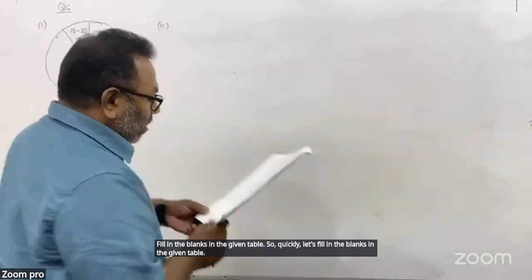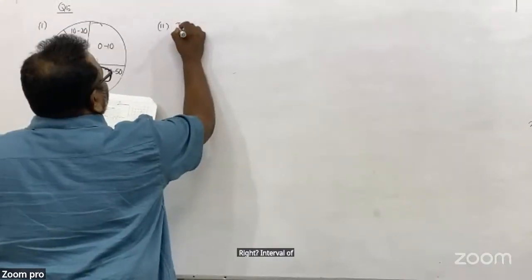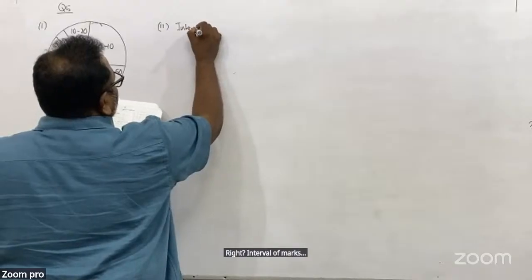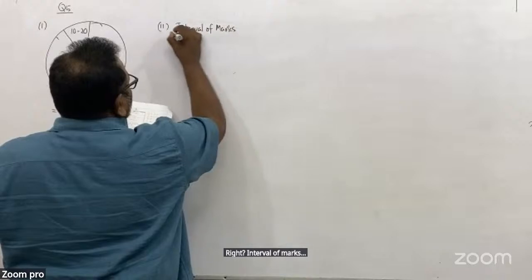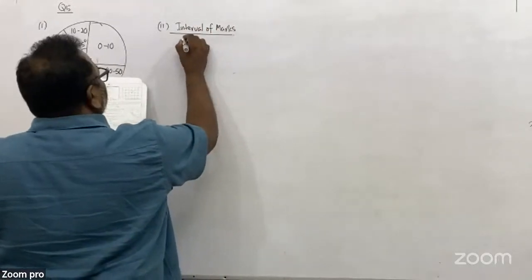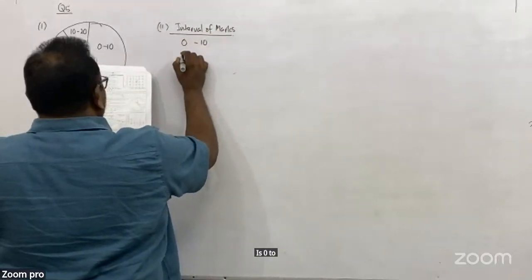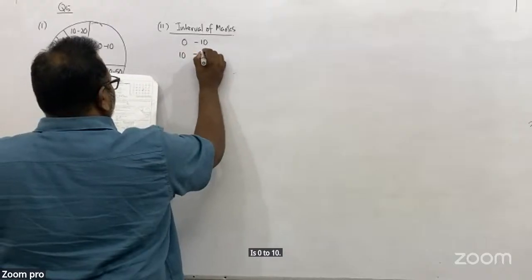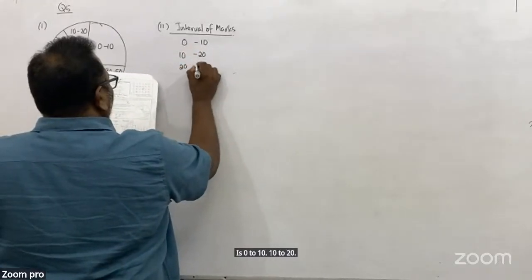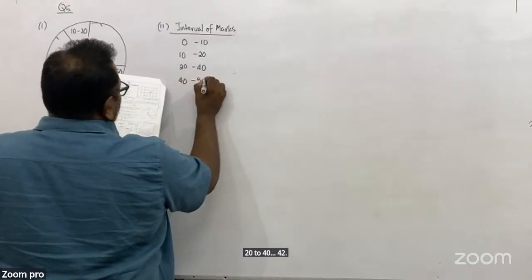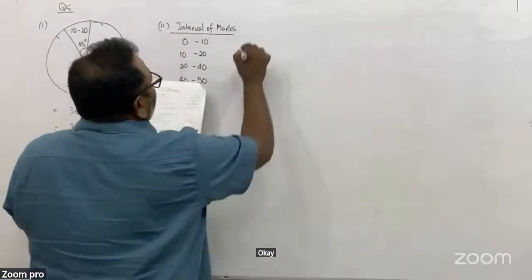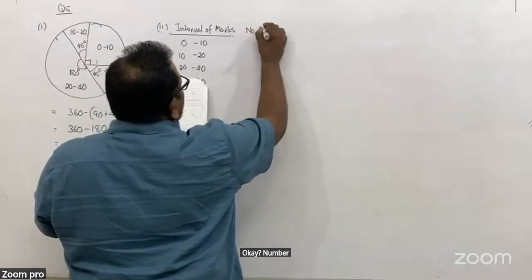So quickly let's fill in the blanks in the given table. Interval of marks is 0 to 10, 10 to 20, 20 to 40, 40 to 50.